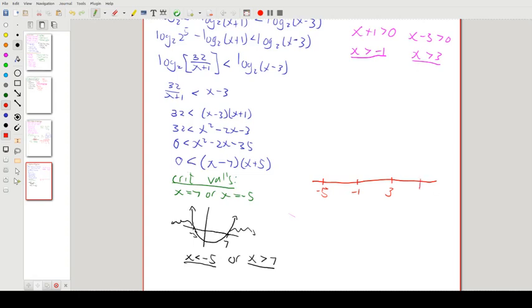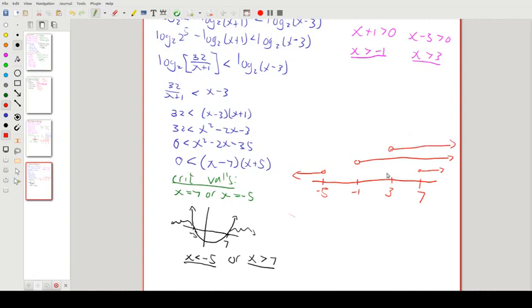And we've got 7. Okay, so x must be less than negative 5. X must be greater than 7. And we've got x must be greater than negative 1. And we've got x must be greater than 3.